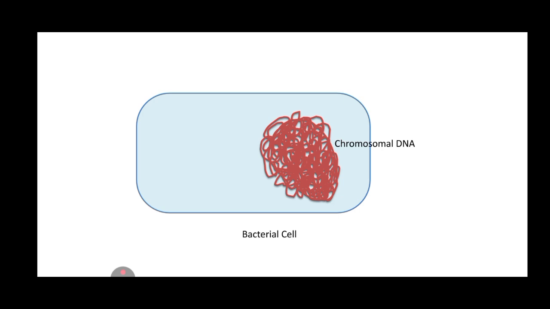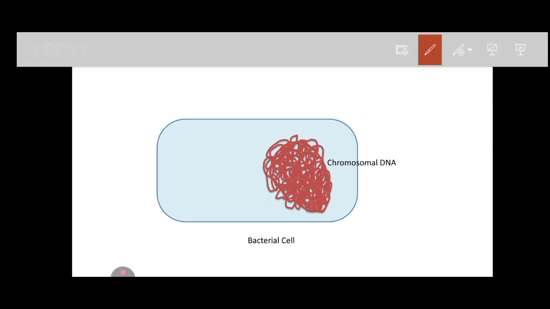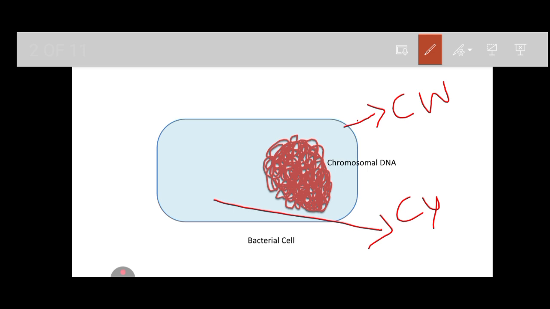So within the cell wall, let me explain it. The outer blue color border is called the cell wall. I refer to it as CW. And this transparent layer is said to be the cytoplasm, right?